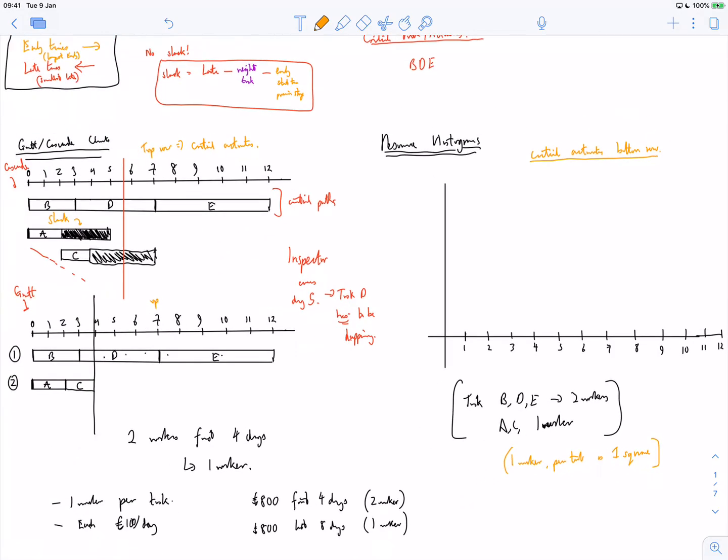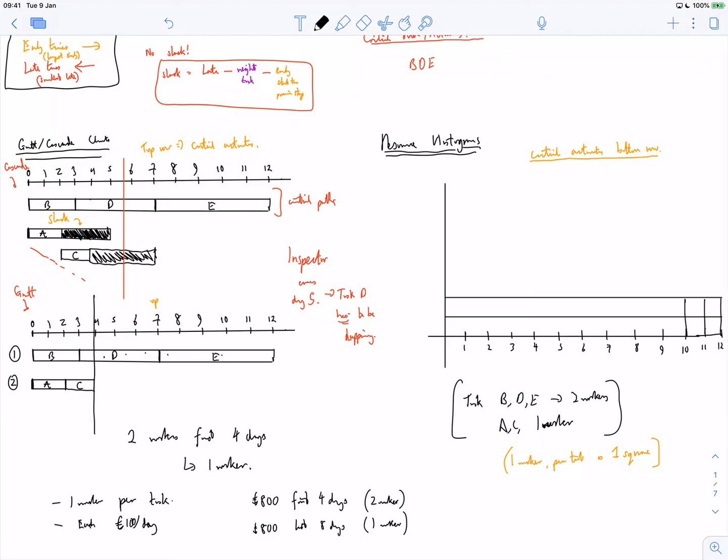So really simply, because B, D and E are all critical and they're 2 workers each, I'm going to need 2 rows, like so.